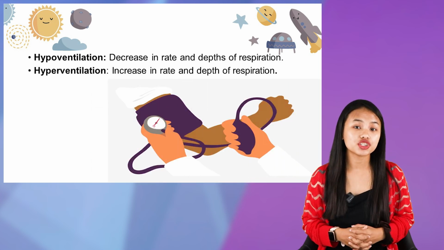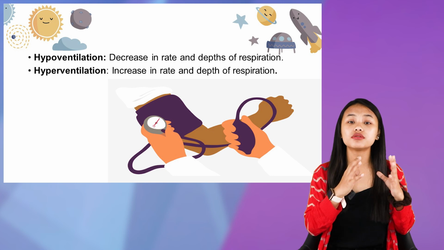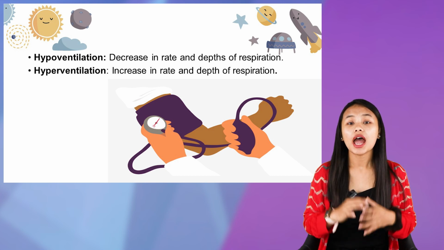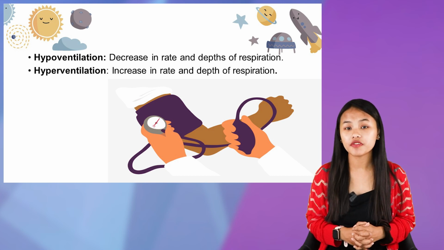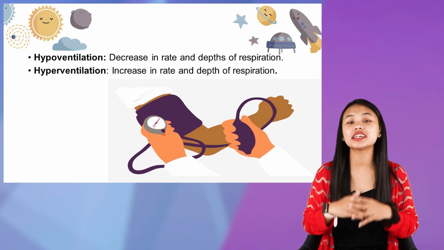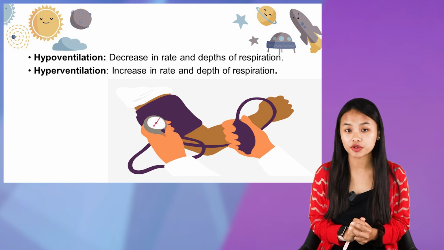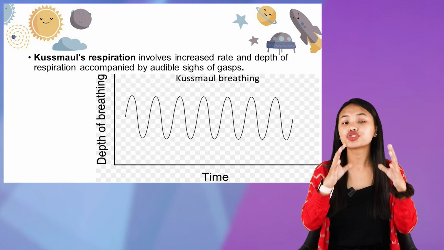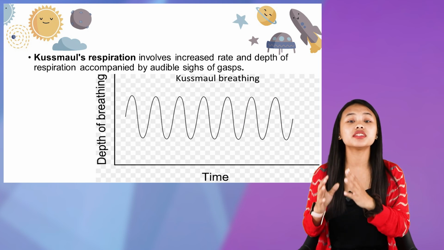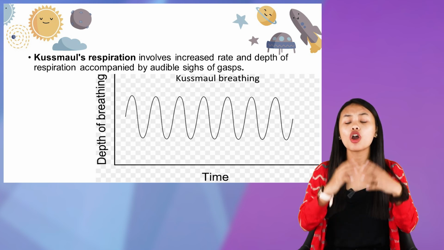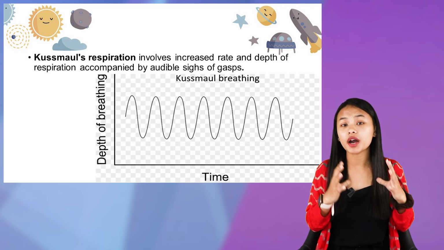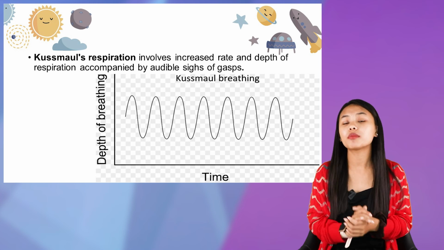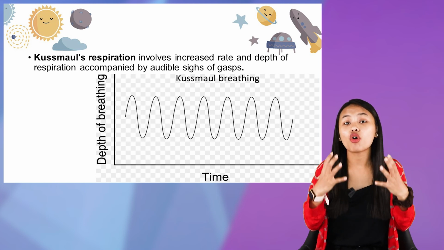And then hypoventilation, which means decrease in the rate and depth of respiration. And then the next one is hyperventilation, which means increase in the rate and depth of respiration. And then comes Kussmaul's respiration. This involves increase in the rate and depth of respiration, which will be accompanied by an audible sigh or gasps.